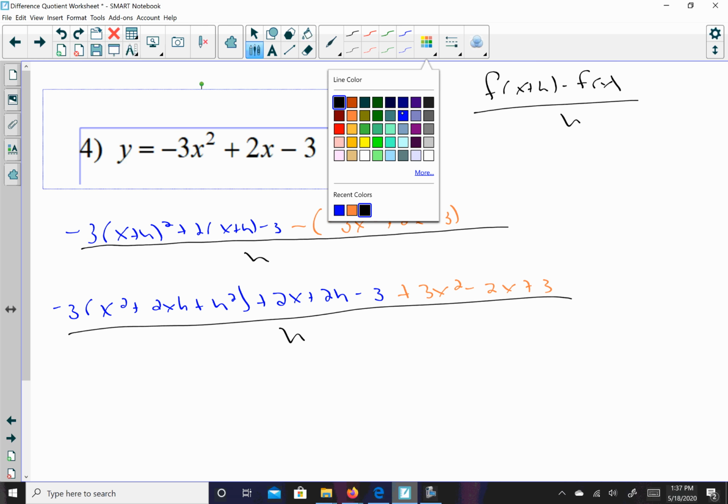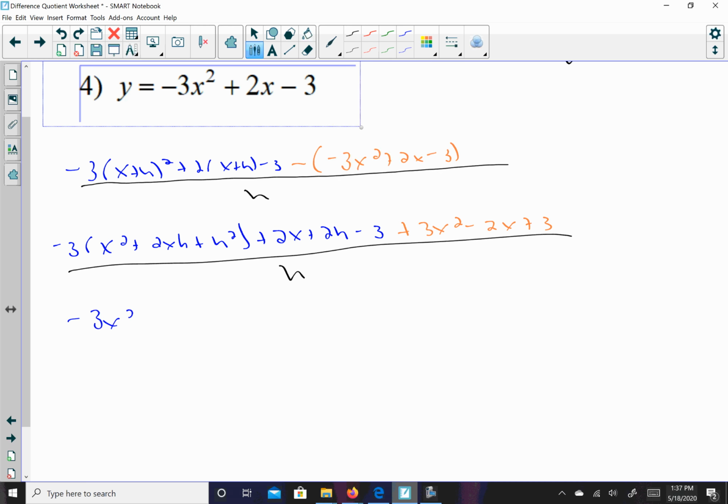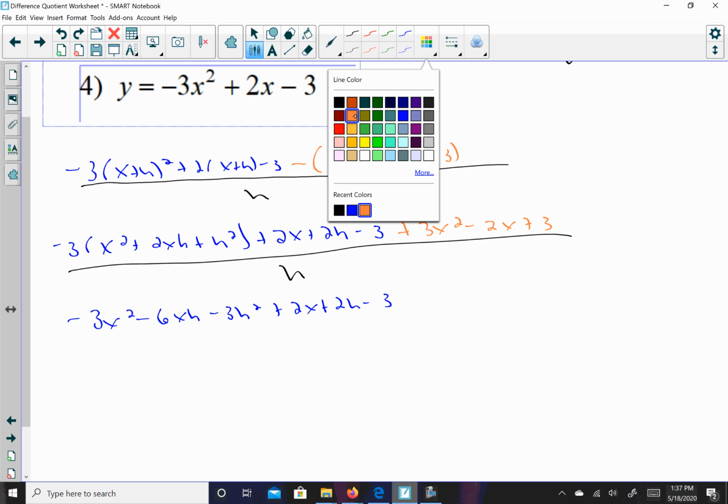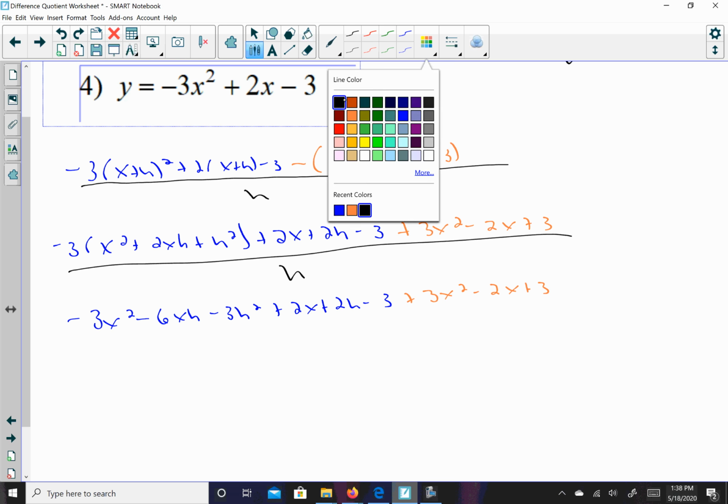Distributing my negative 3, this will be negative 3x squared minus 6xh minus 3h squared. Copying everything else down as quickly as I can. All over h.